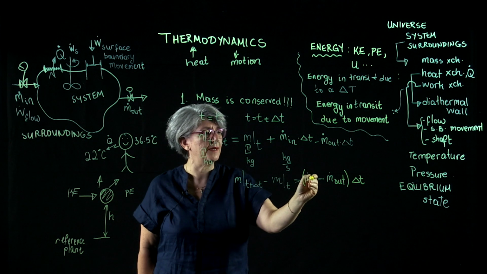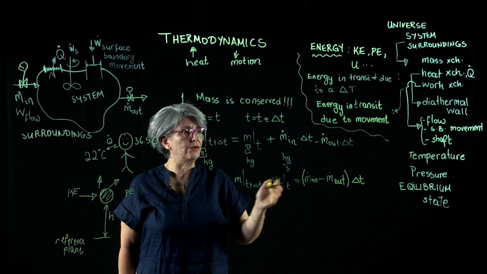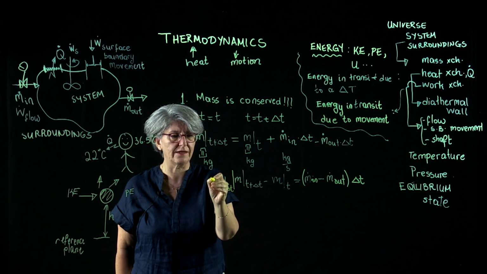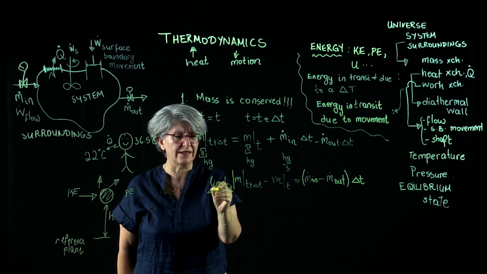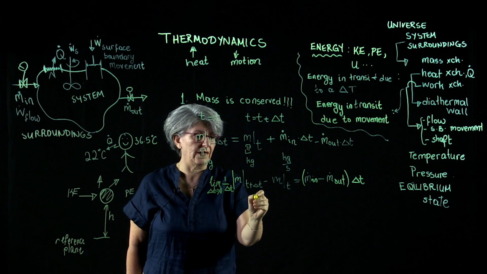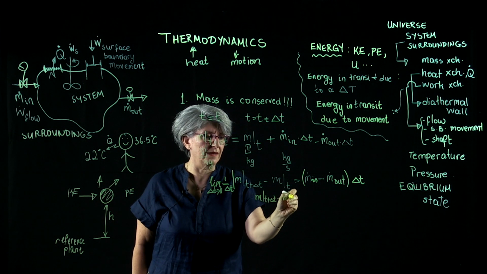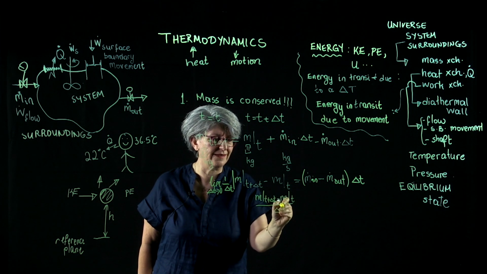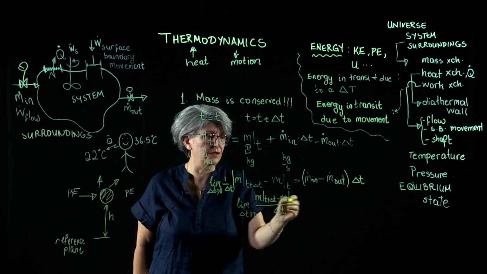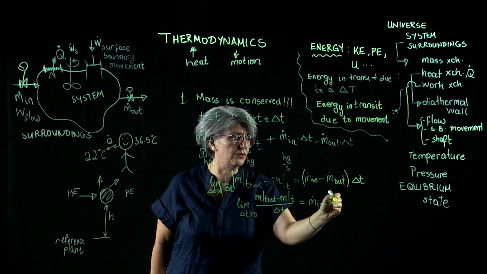I can have them in a common parenthesis. What I will do, I will divide both sides by delta T, and I will take the limit as delta T goes to 0. M at t plus delta t minus m at t divided by delta T in the limit as delta T goes to 0 is m dot in minus m dot out.